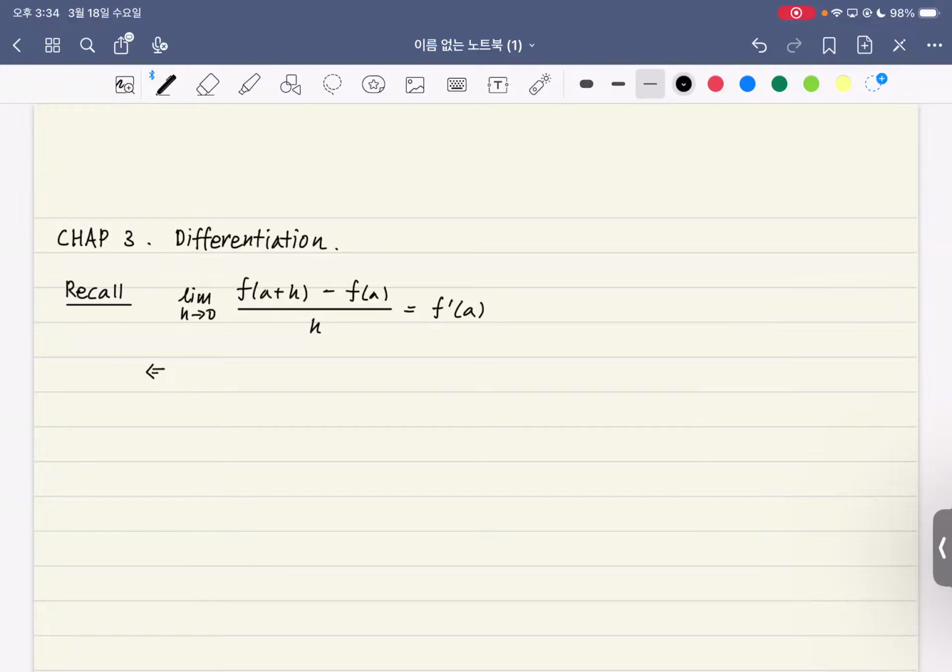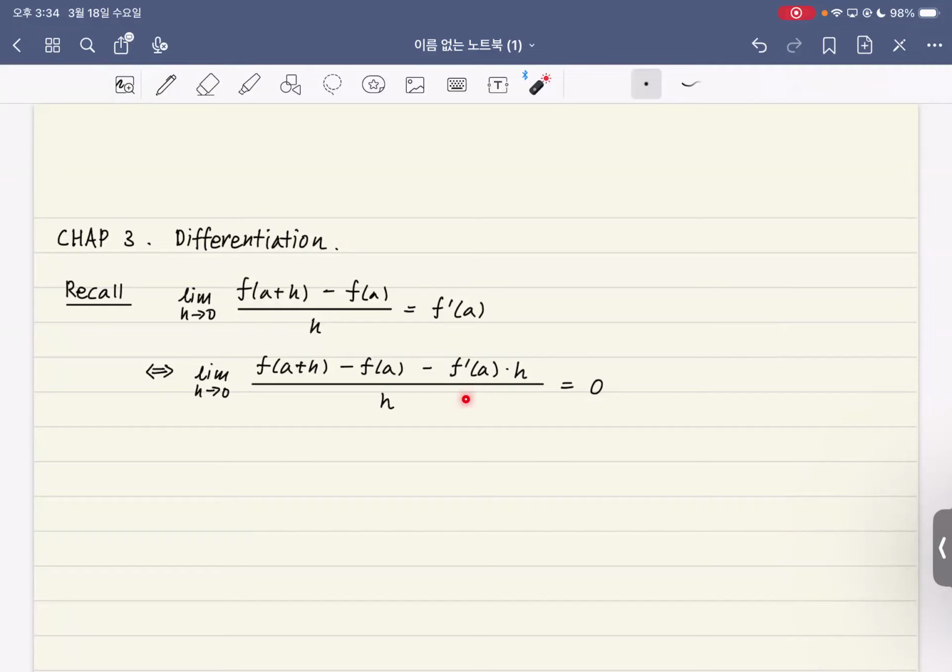In other words, I want to rephrase this definition like this: f(a+h) minus f(a), but I want to bring this term to the other side of the equation, minus f'(a) times h, all divided by h, tends to 0 as h tends to 0.